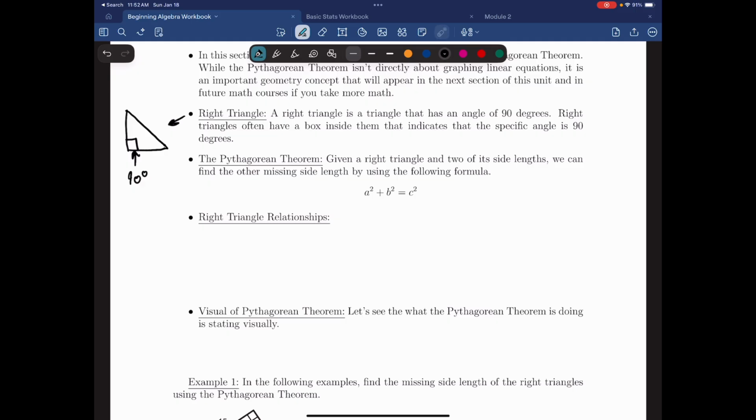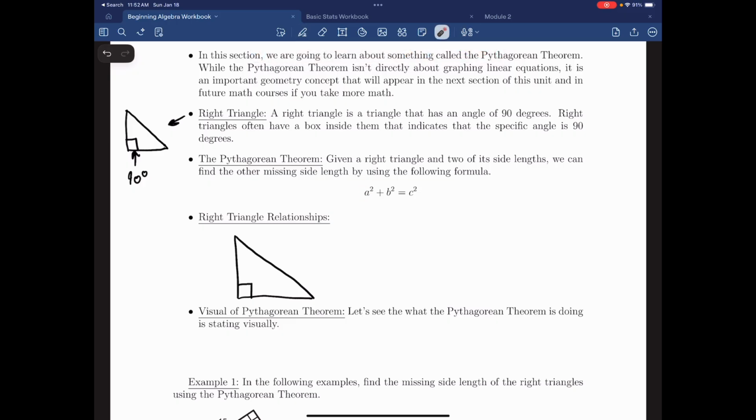Let's start to explore some right triangle relationships, and as we're doing that, we're going to take a look at what exactly the Pythagorean theorem is and what we can use it for. So, given a right triangle, we're going to have the right angle right here, and then notice here we have A, B, and C in this formula.